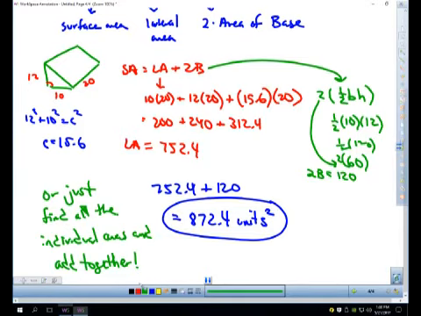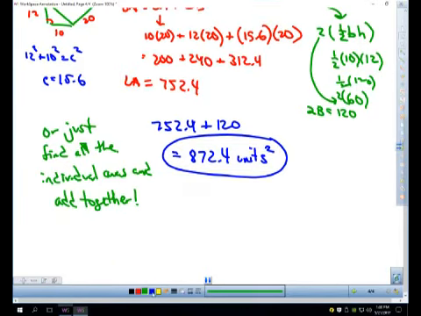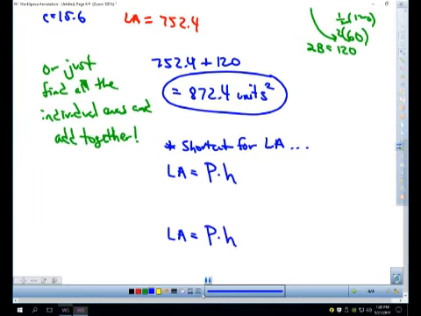Now, there is a shortcut to finding lateral area. For those of you who like to try to find fast, efficient ways of doing things, the lateral area of any prism is going to be the perimeter of the base times the height of the prism. The perimeter of the base times the height of the prism.